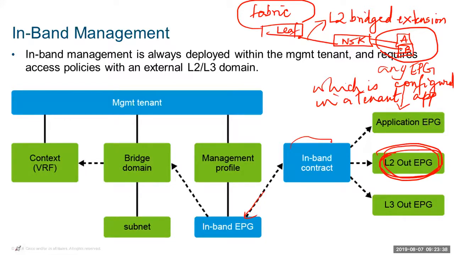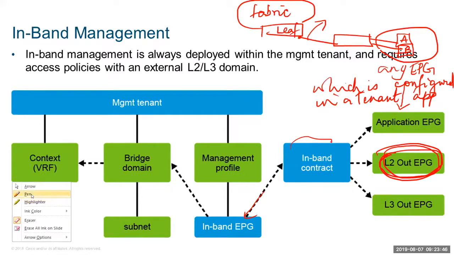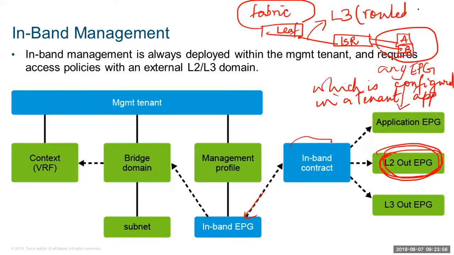Now, similarly, let's say I have an ISR or whatever router here. It's a layer 3 connection with a routing protocol. This is a routed connection, exchanging routing updates.